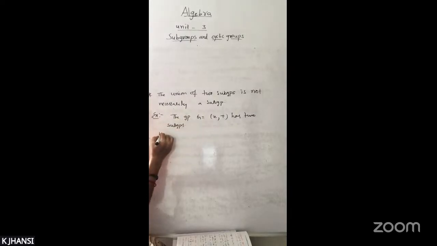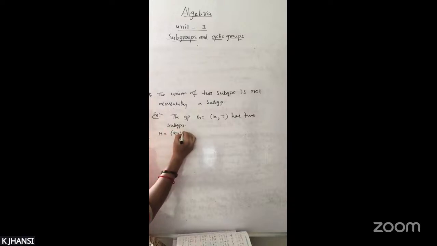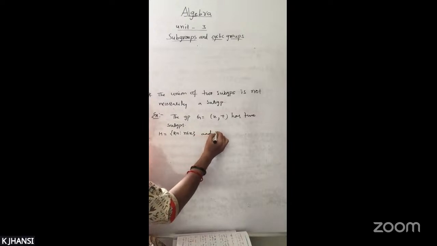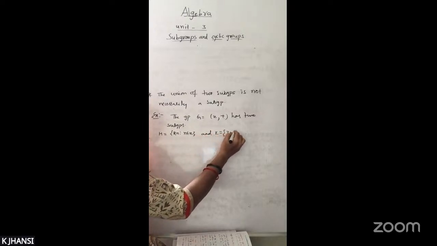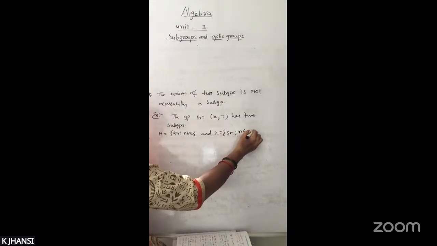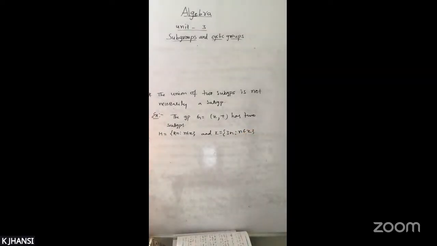One subgroup H is defined as 2n such that n belongs to Z, and K is equal to 3n such that n belongs to Z. So H is defined as 2 into n, where n you can take as integers, positive or negative, anything. K is equal to 3n. So now H union K, the combination of these two.